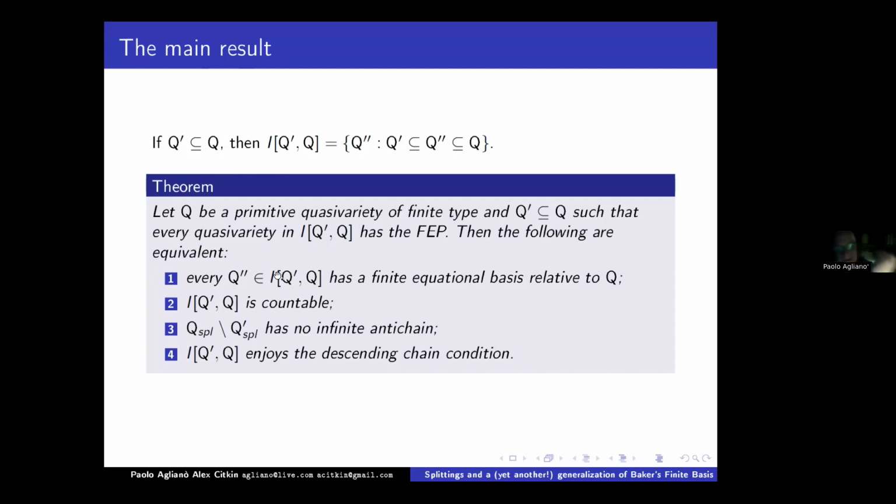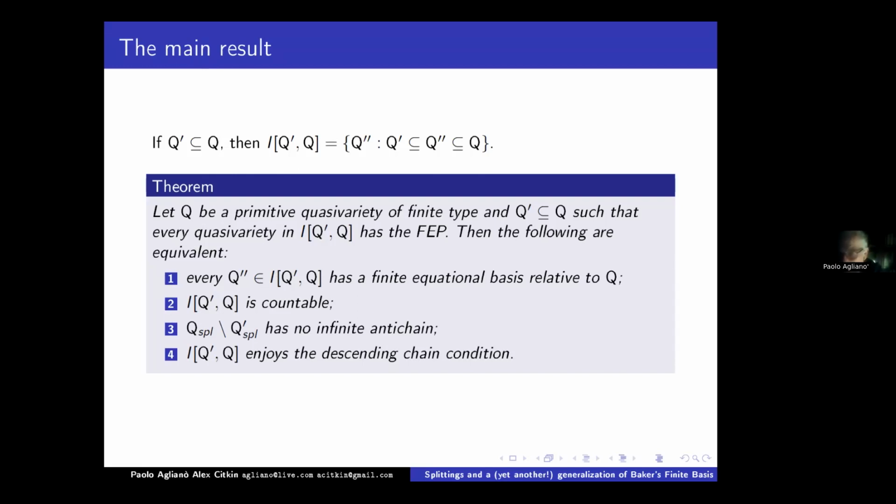Because you see, it's very easy. It is a standard exercise, right? For instance, take any quasi-variety that has a finite lattice of sub-quasi-varieties. Then it is a standard exercise to prove that every sub-quasi-variety has a finite relative basis of quasi-equations, of course, in the general case, right?